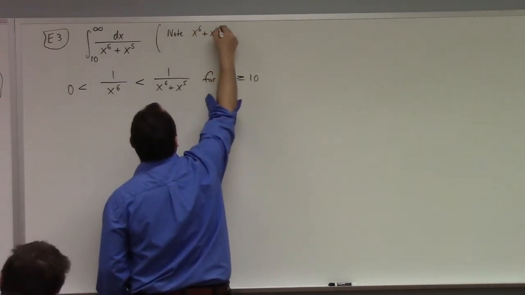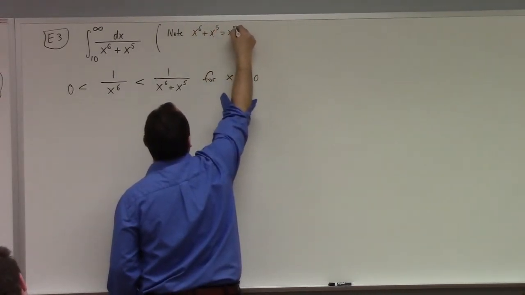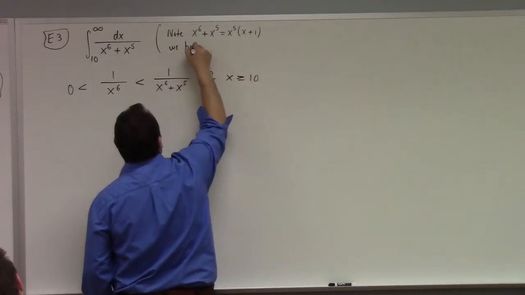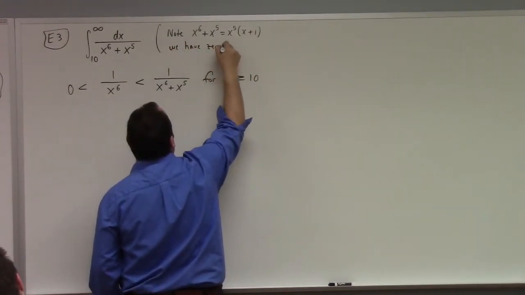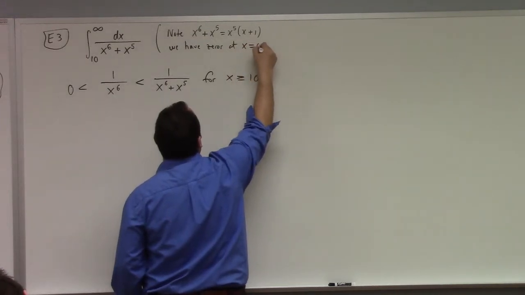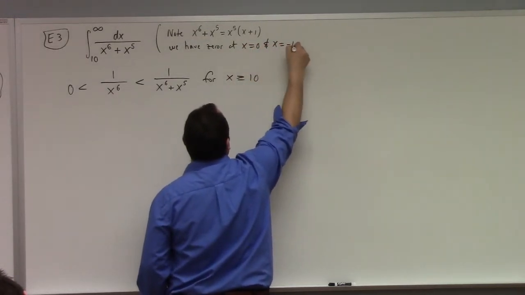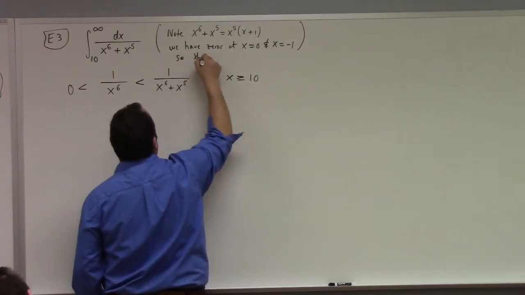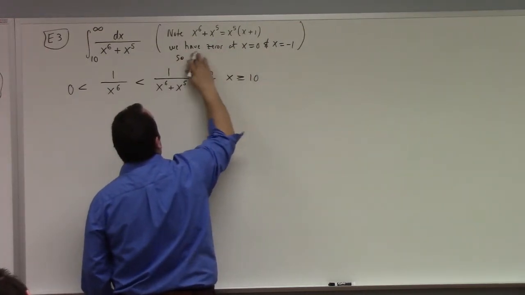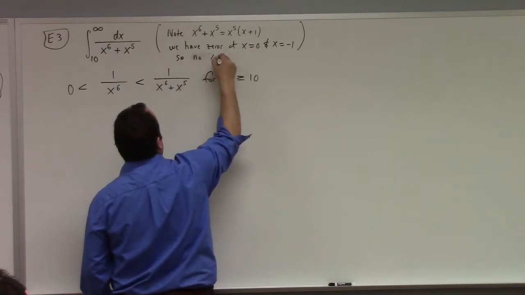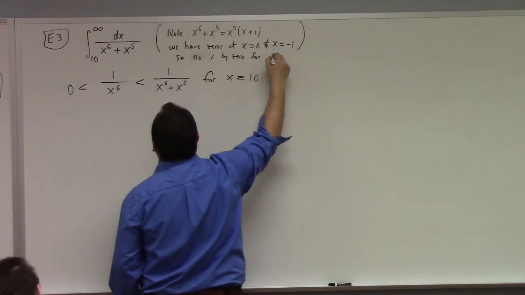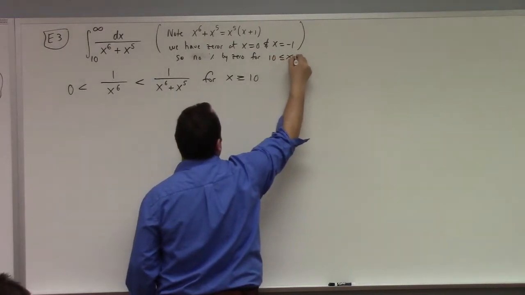x to the 6th plus x to the 5th is equal to x to the 5th times x plus 1, right? So we have zeros at x equals 0 and x equals minus 1. So no division by 0 for 10 less than or equal to x less than infinity.